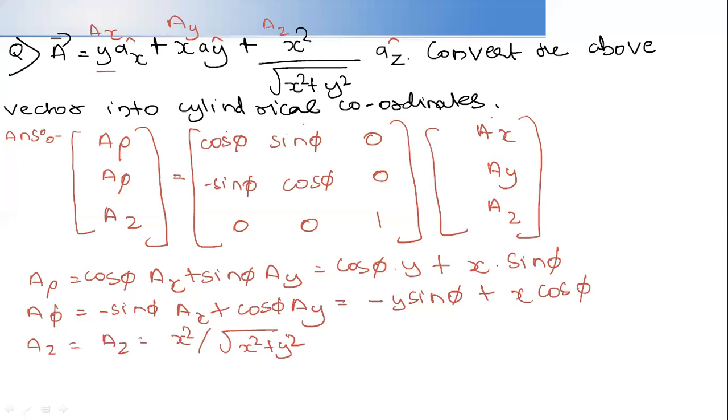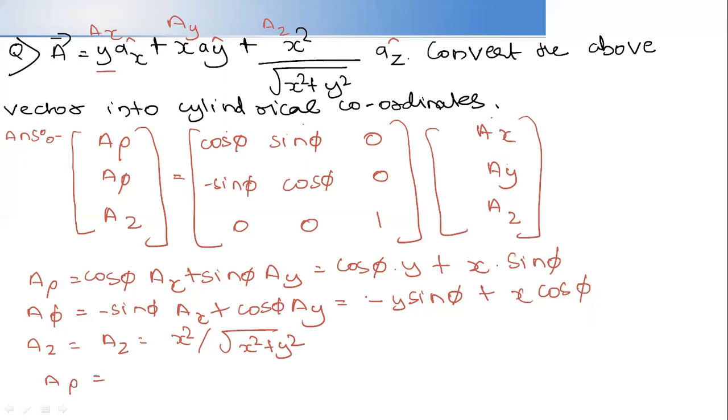Okay, what is the next step? Here I will write a rho, which we have written as y cos phi plus x sin phi.